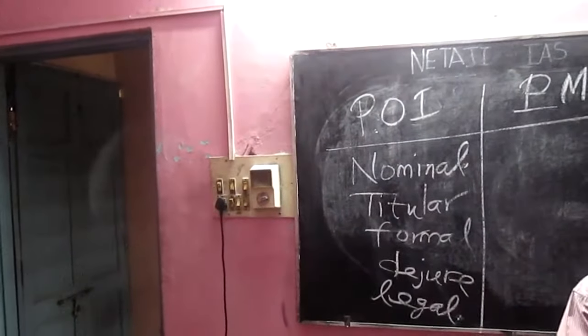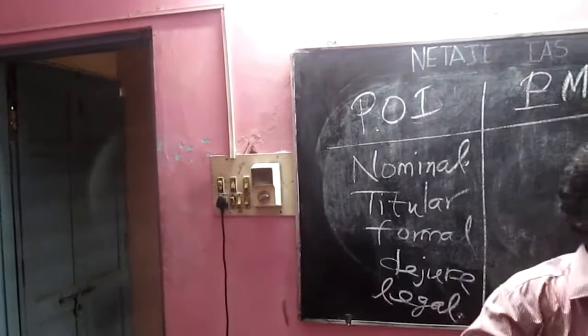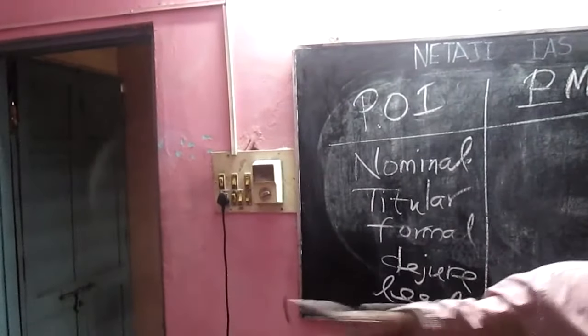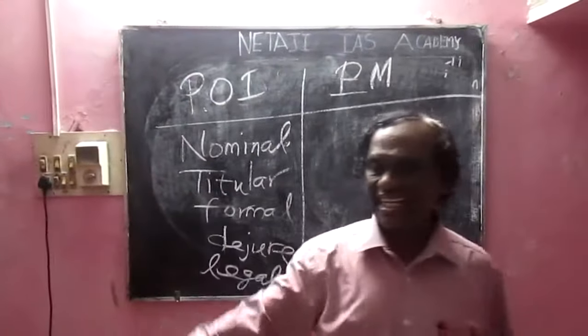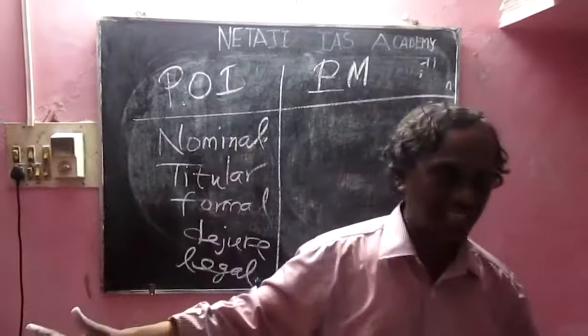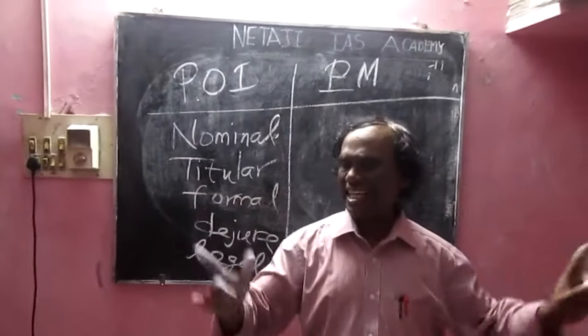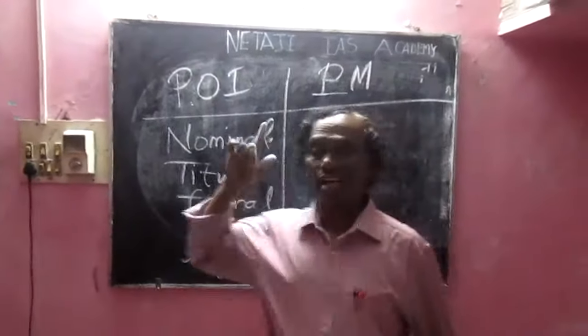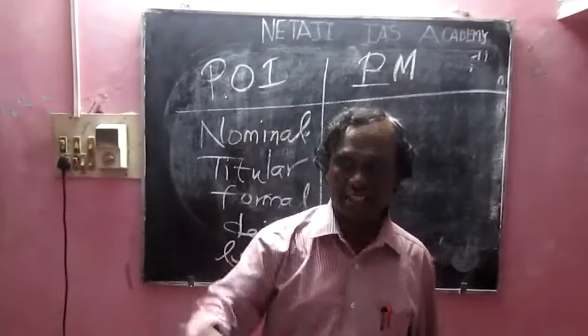This is most important point. The head of the state. The state means permanent nation. So the President of India is the head of the state, head of the nation.